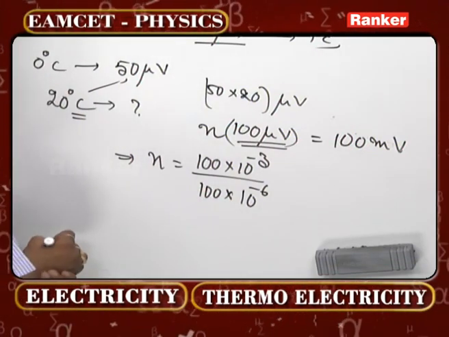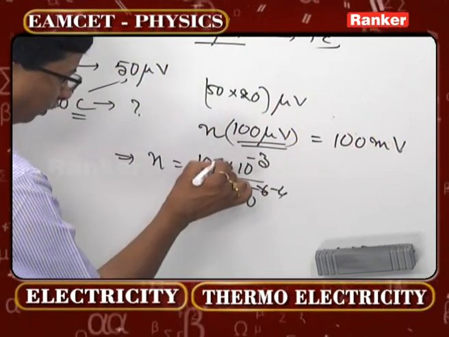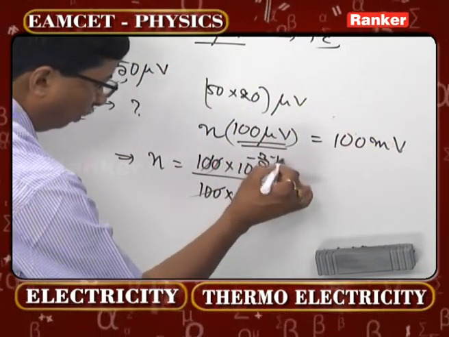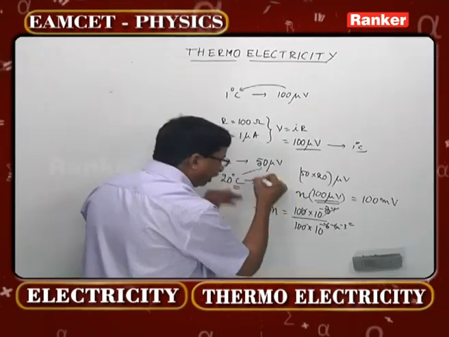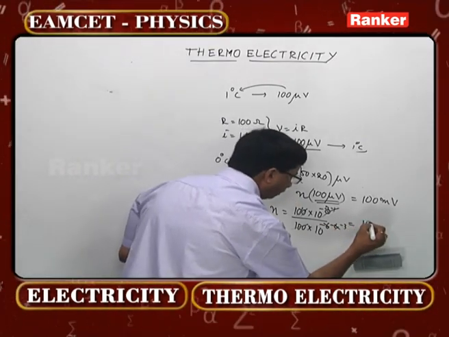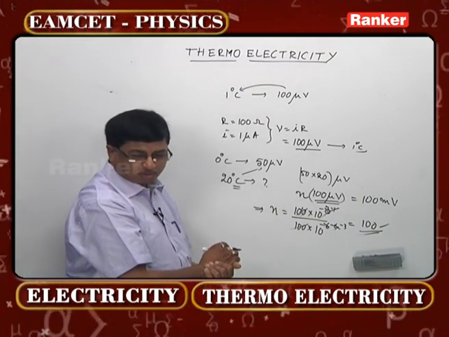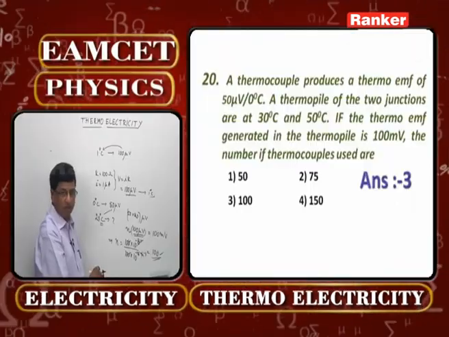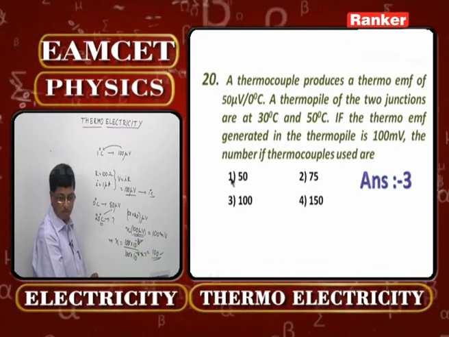Now you can cancel this one over here, minus 4 times, this minus 1 time, so this minus 3 times. So how many thermocouples do you require? Exactly 100 thermocouples. The third option is going to be the correct option for this question.